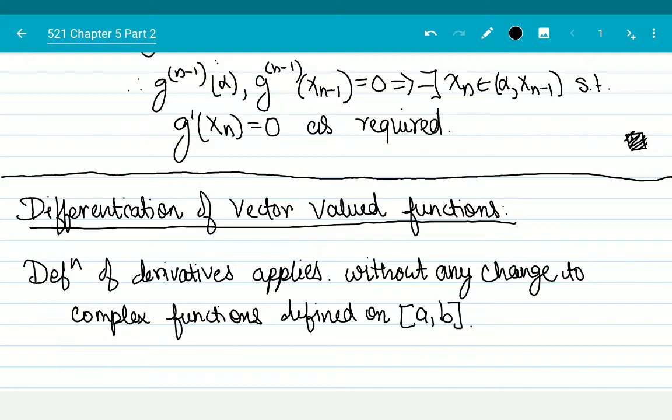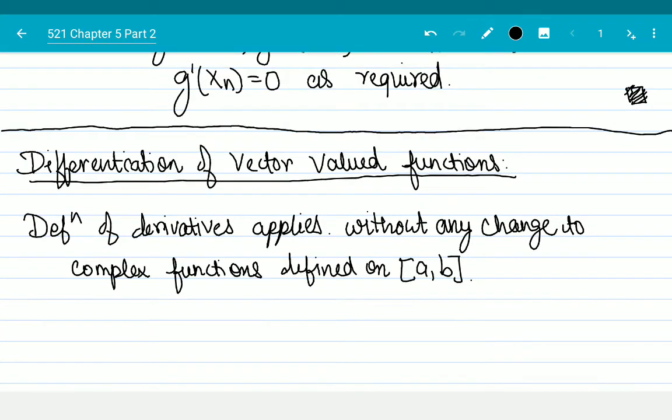And theorems 5.2 and 5.3, which say that if the function is differentiable then it is continuous, and if the functions are differentiable then the sum of the functions is differentiable, both also work for complex numbers.